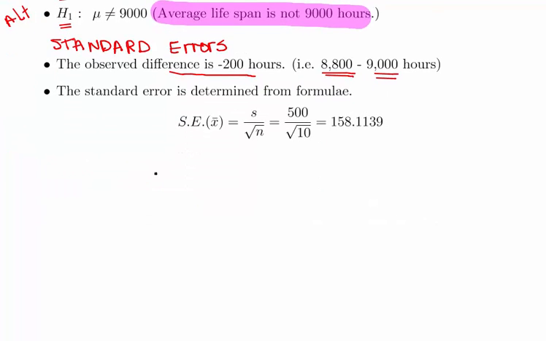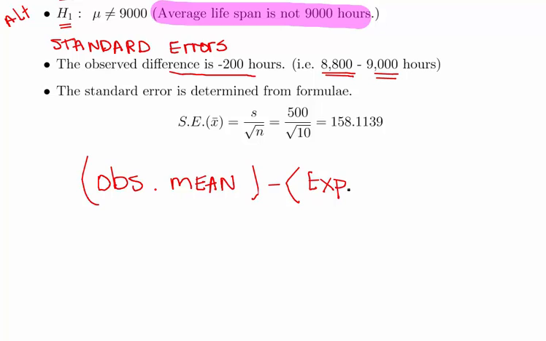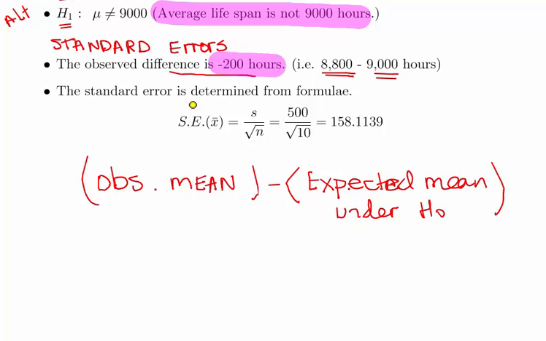That observed difference is the observed mean minus the expected mean according to H0. That's a key component of the test statistic. So the observed difference is minus 200 hours, and the test statistic is as follows.